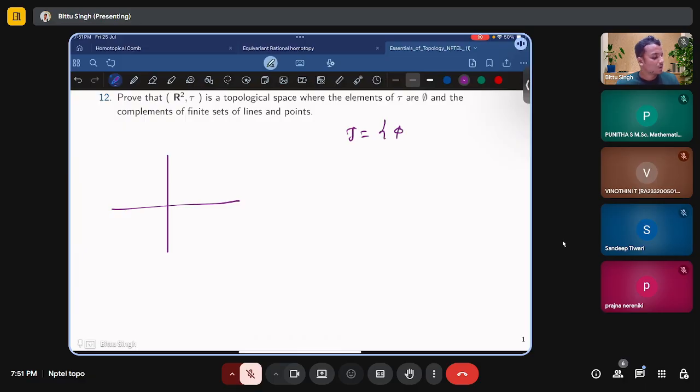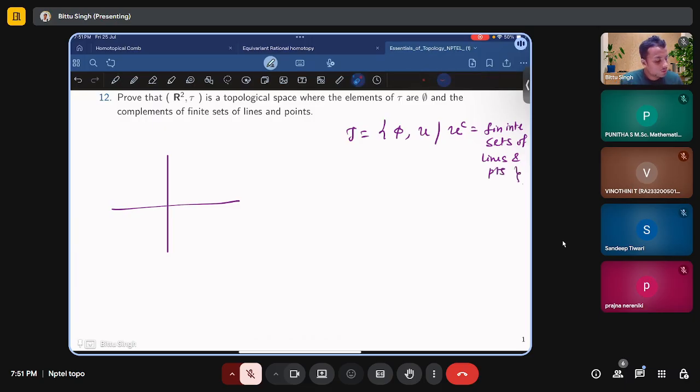So here tau is empty, or another choice is U. So U takes this form: the complement of U is a finite set of lines and points.